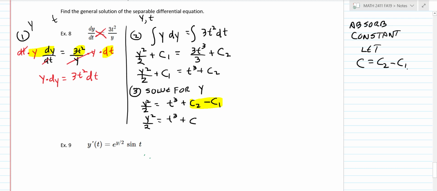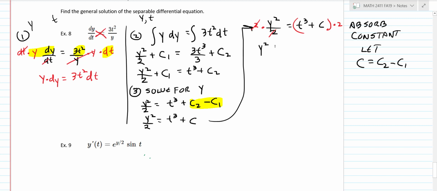Now I've got y to the second over 2 equals t to the third plus c. I'm going to multiply both sides of this equation by 2, trying to get y by itself. So I get y to the second equals 2t to the third plus 2c.